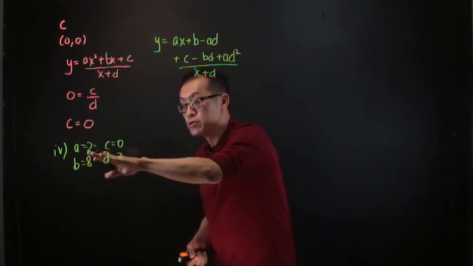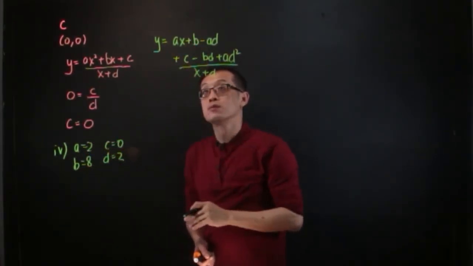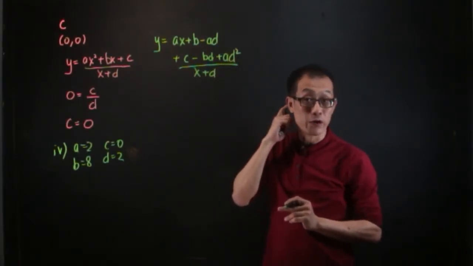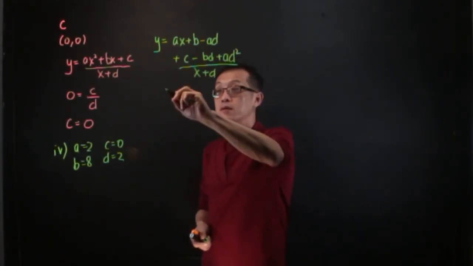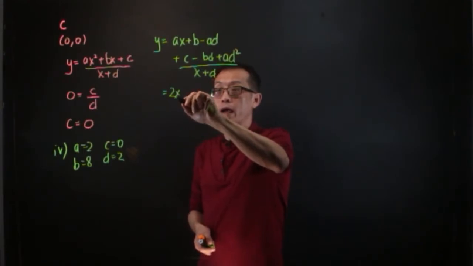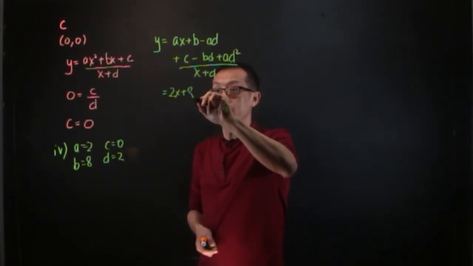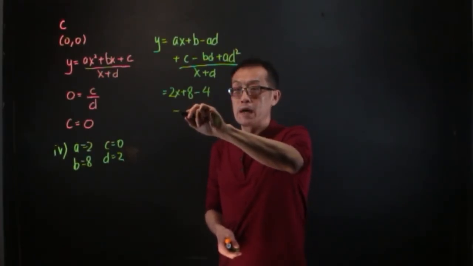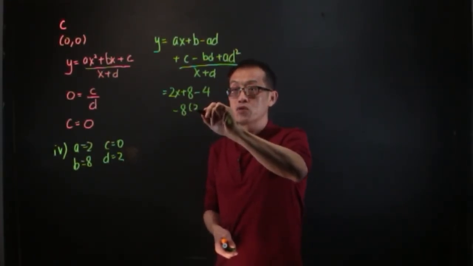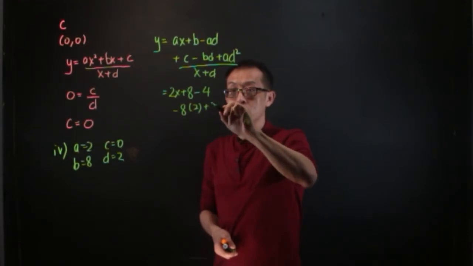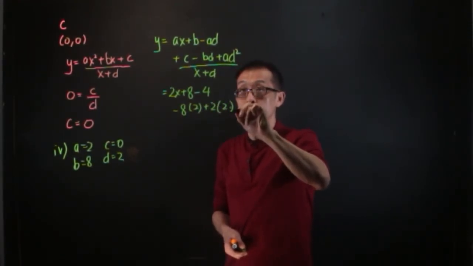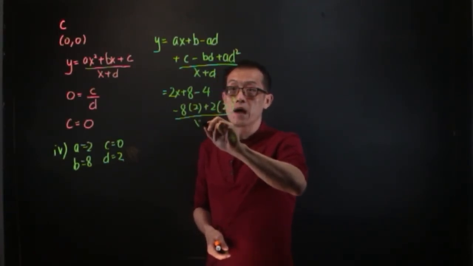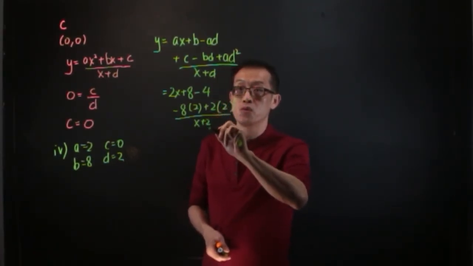All you need to do is you just substitute these values into this equation of the graph and you will get 2x plus 8 minus 4 minus 8 over 2 plus 2 into 2 squared over x plus 2.